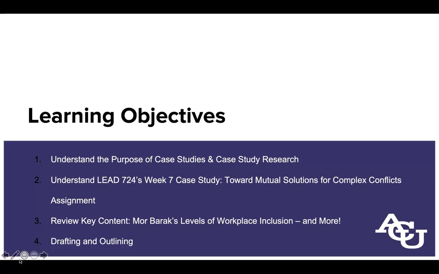We looked at some key aspects of the course reading that are specifically referenced in the assignment, and we finished with drafting and outlining, talking about how to take the assignment instructions and create a guide to what you should be writing, and a list, if you will, of specific things that should go in there in order to receive full credit. And we finished with the hands-on, looking at how to go from the instructions to filling in some details, including a demonstration of a sample where we're writing a case study about succession in a nonprofit organization.